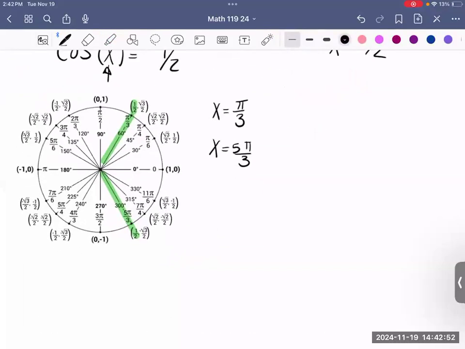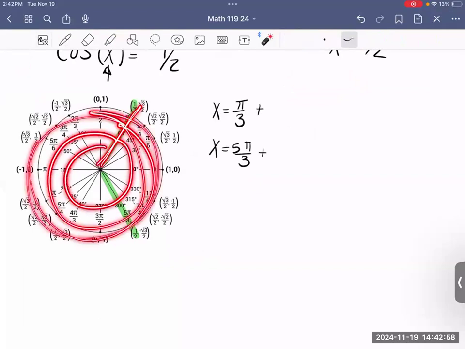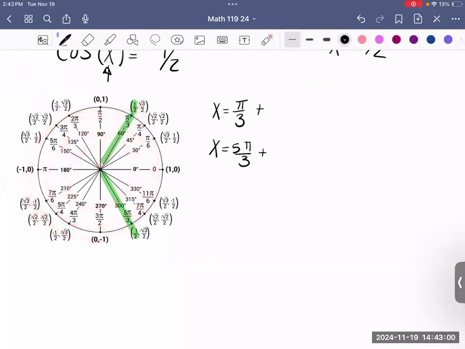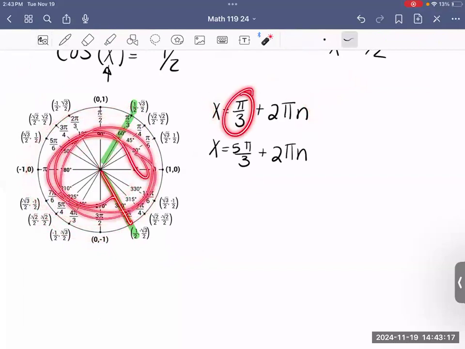That means we have to add what in order to get coterminal angles if we were to circulate around your unit circle? We then add 2 pi n. What we did to one, we would do to the other, 2 pi n over here. So this will give us all of the coterminal angles to pi over 3, and again at 5 pi over 3.